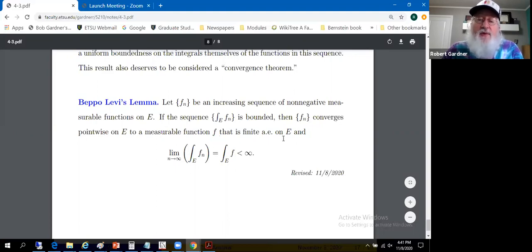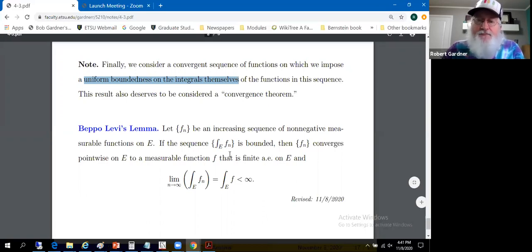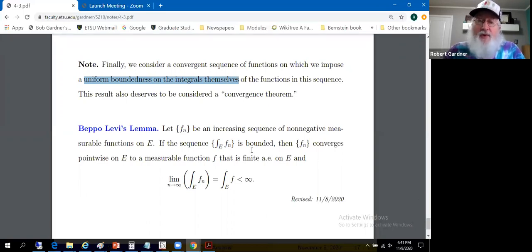It's finite almost everywhere, and the limit of the integrals is the integral of the limit, and that function is integrable. This sequence of integrals is bounded. That's a new thing. That's the thing they put the bound on. So what we've imposed is kind of a uniform boundedness on the integrals themselves of the functions, the f sub n's. And that gives us a convergence theorem type thing.